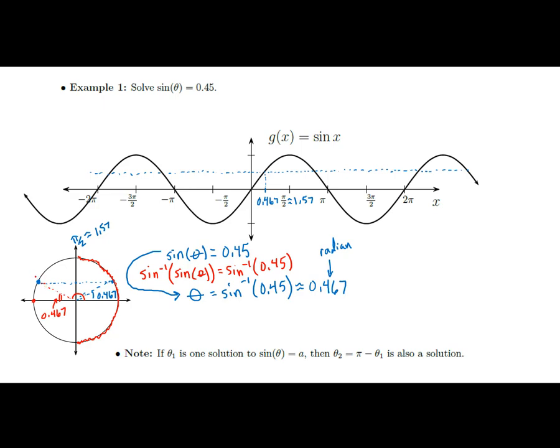Okay, so this angle is pi minus 0.467. So we can say also theta is approximately pi minus 0.467, which is approximately 2.675.